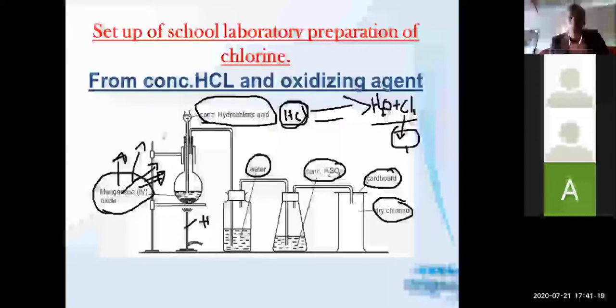For example, if we write the word redox and divide it up, from here is red, which stands for reduction. Then this ox is now the oxidation.